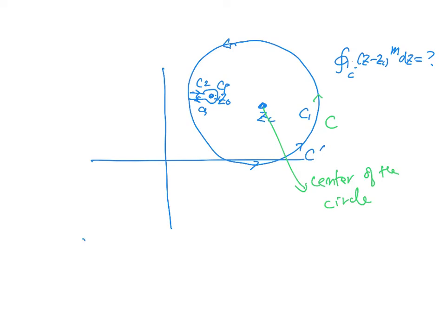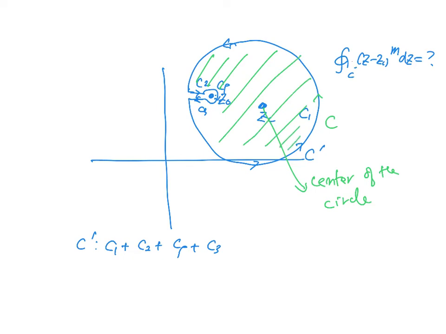So C prime is considered of C1, C2, C0 plus C3. And we have a bit of M. So now consider this new C prime.